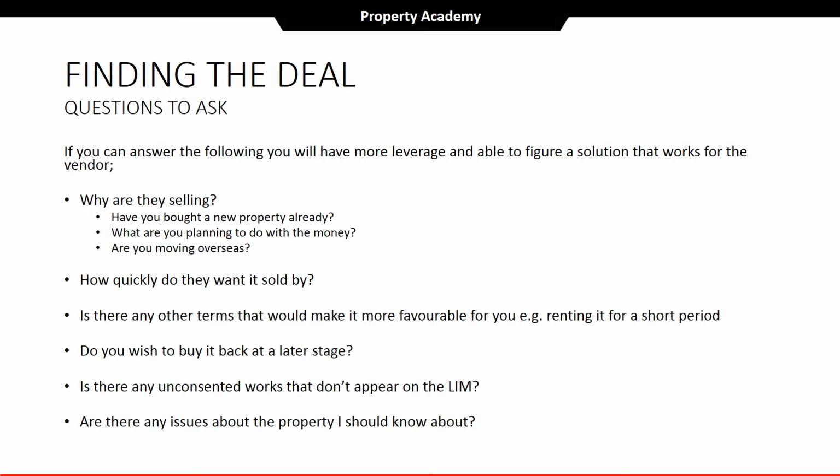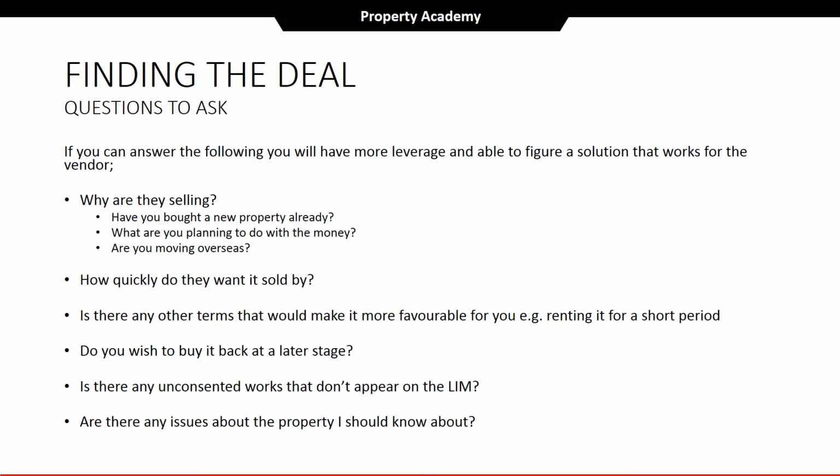Are there any issues about the property I should know about? This question is ideal because the vendor's perception of problems might be a lot bigger than what you might think, and they might even have a quote. For example, they might think that the renovation of the bathroom, because there's a hole in the floor, is going to cost upwards of $30,000.